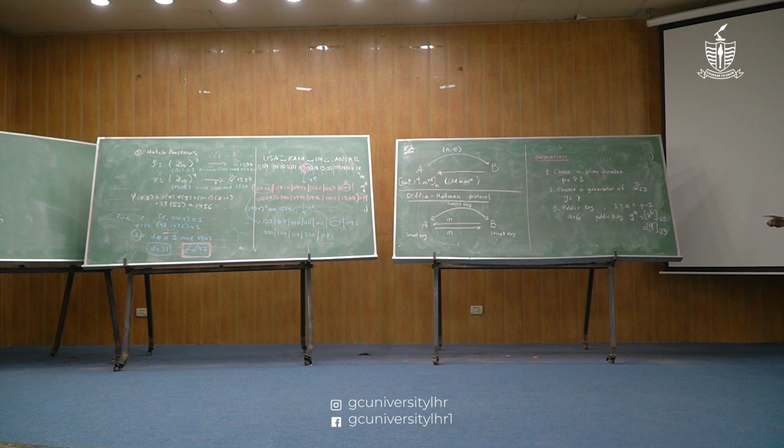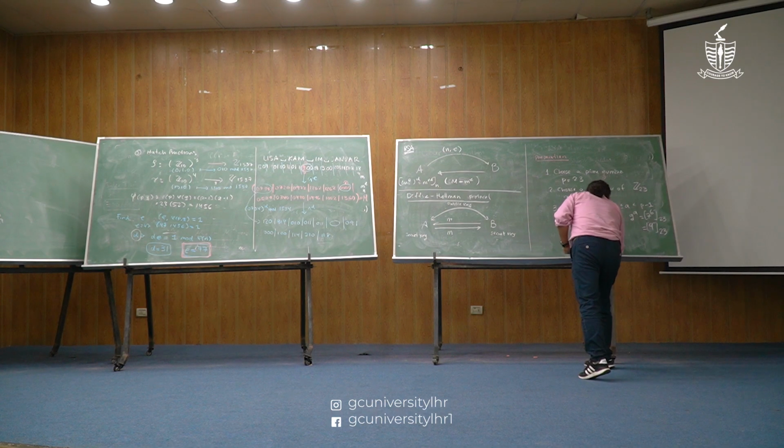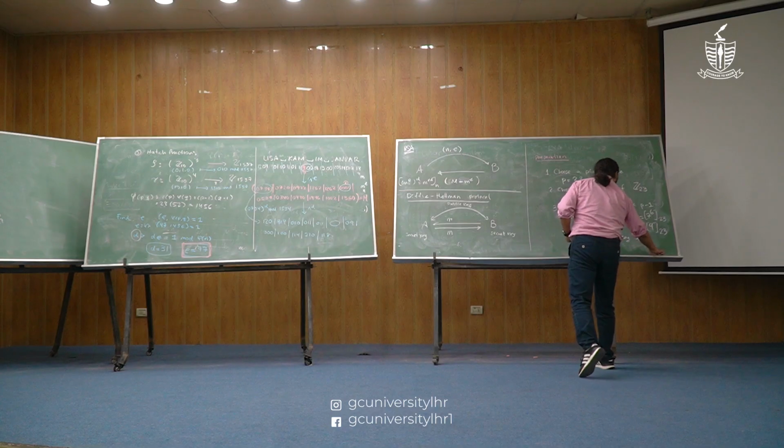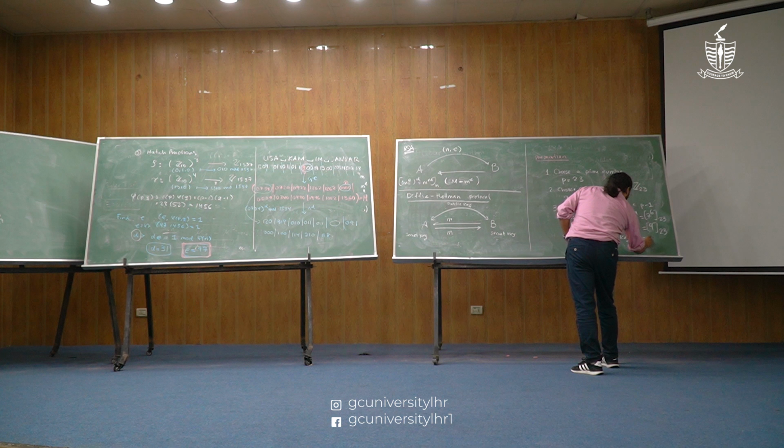Okay? The secret key here is A, that is A equals 6. So we have the public key is this, and the secret key is this other.